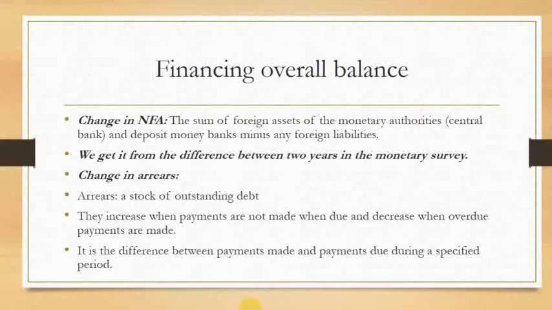A change in arrears. If a country is taking a loan from another country, they have to pay interest monthly or annually for this loan. But in some cases, the country is not able to pay this money, so they have something known as arrears, a stock of outstanding debts.